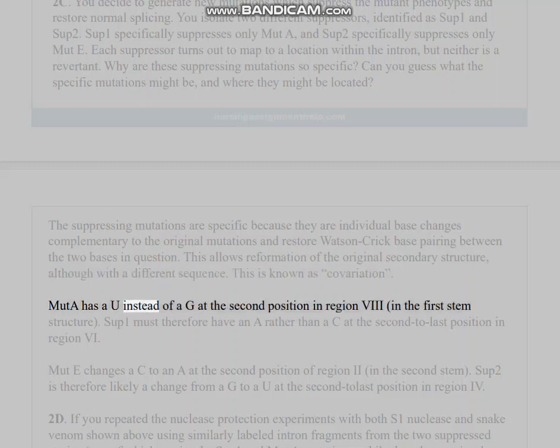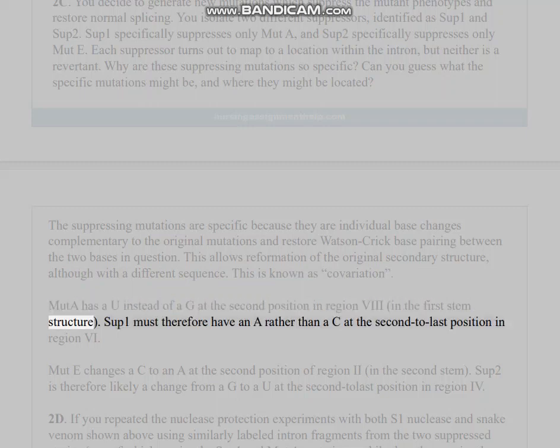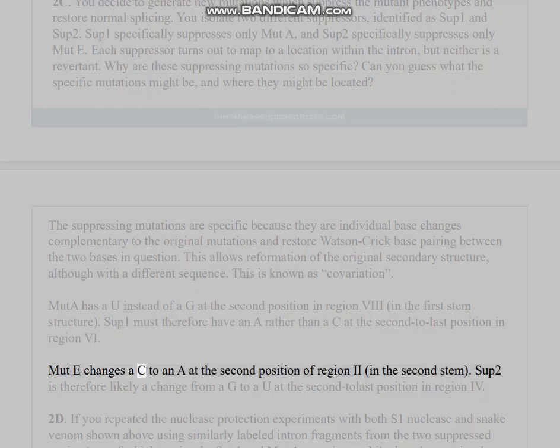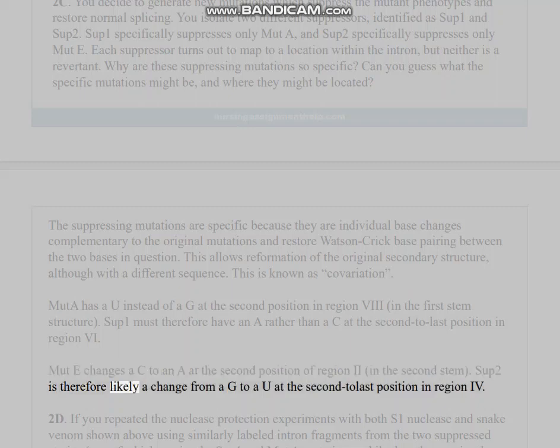MUT-A has a U instead of a G at the second position in region 8, in the first stem structure. SUP1 must therefore have an A rather than a C at the second to last position in region 6. MUT-E changes a C to an A at the second position of region 2, in the second stem. SUP2 is therefore likely a change from AG to AU at the second to last position in region 4.